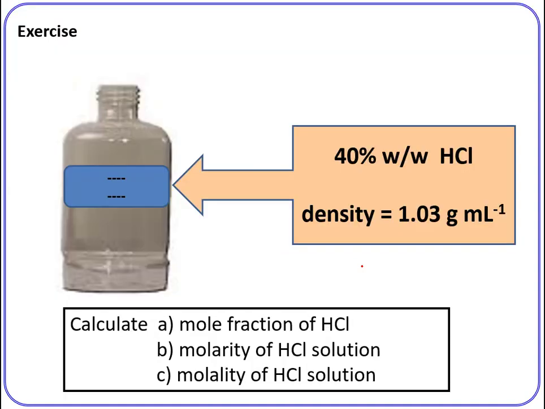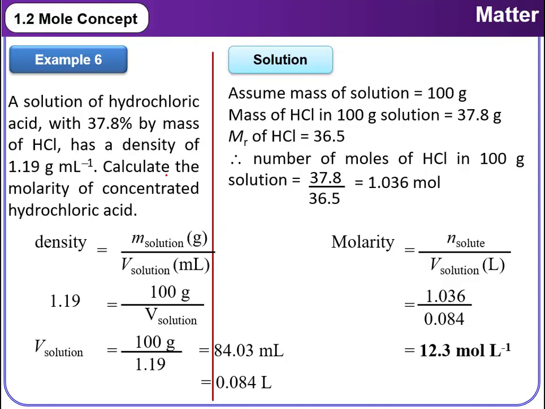Example 6. A solution of hydrochloric acid with 37.8% by mass of HCl. What does this mean? This means we have 37.8% of HCl in 100 gram solution. So mass of HCl is 37.8 gram, while mass of solution is 100 gram.